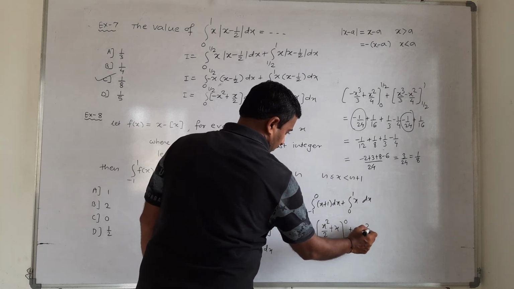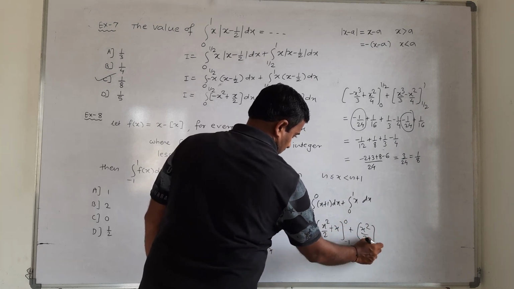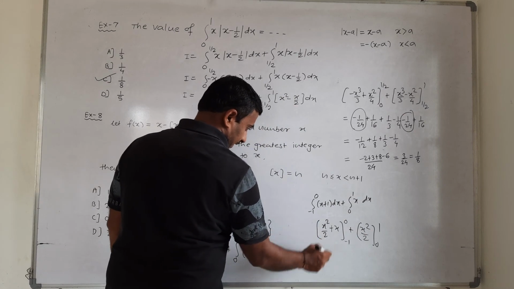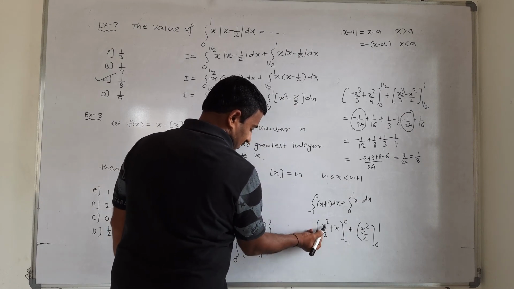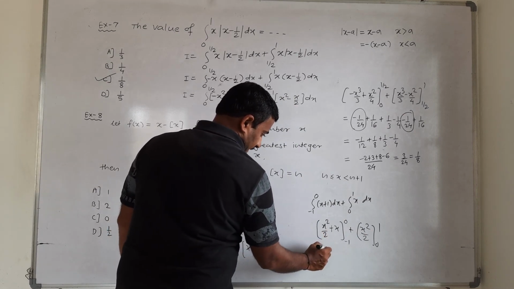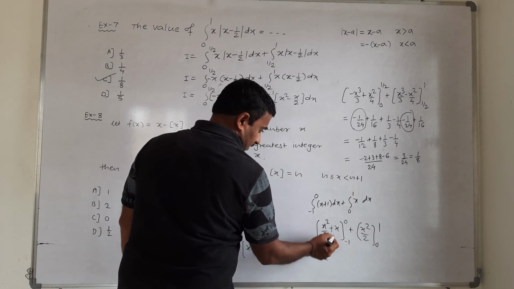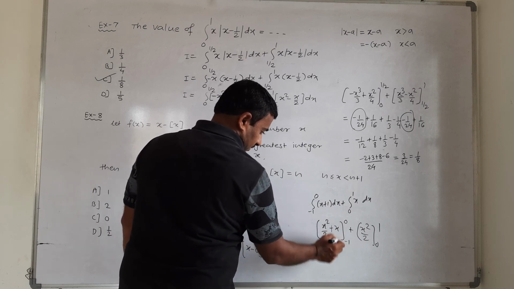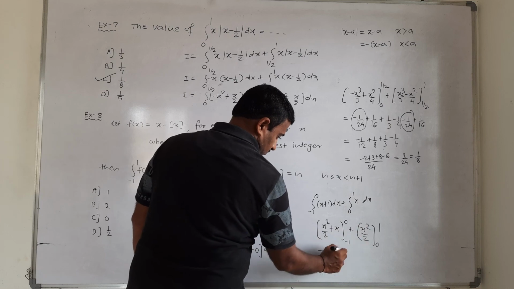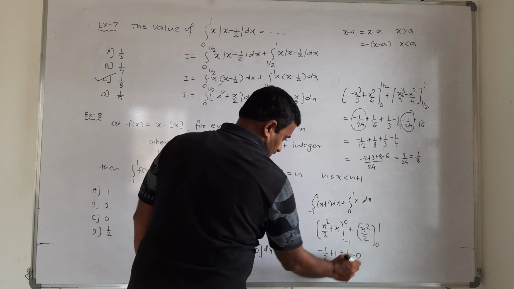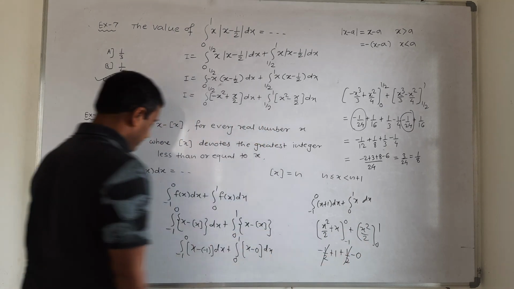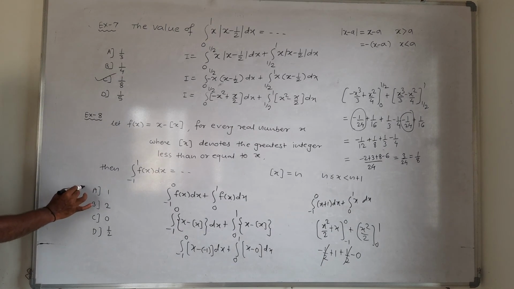Second is x square by 2, 0 to 1. Upper limit 0 neglected, lower limit minus 1 square, plus 1 by 2. Lower limit minus, therefore minus 1 by 2. Here minus 1, lower limit minus, and this minus 1 plus 1. And this is 1 by 2 minus 0. Plus minus cancel, only 1. The answer is 1. A option.